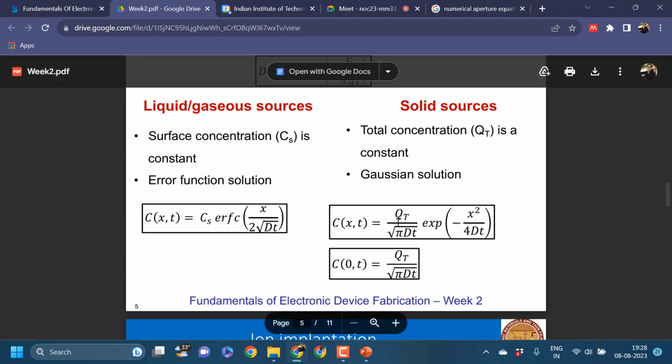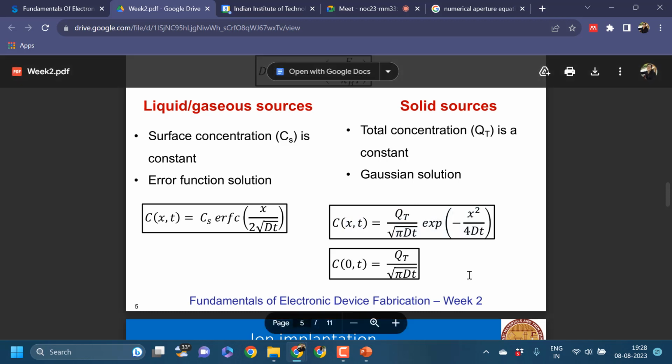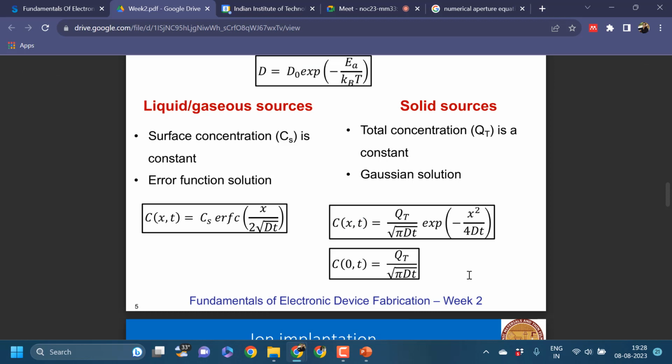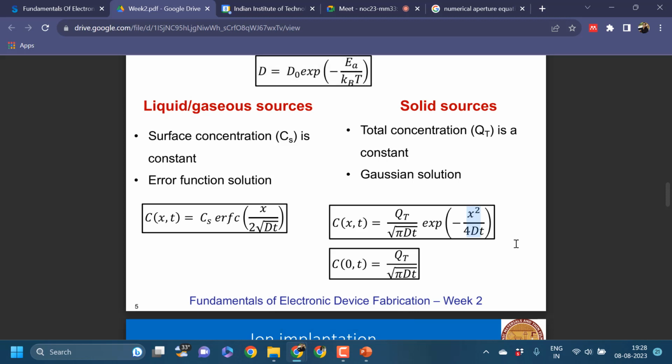Once we solve for all these things, we will get the value of x. First, we have to write C(x,t) equal to Qt by pi Dt, substitute everything, and then we will have the C value. Once we substitute all those things, we will get the x value.